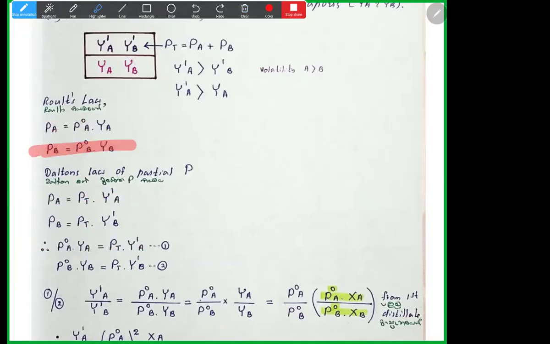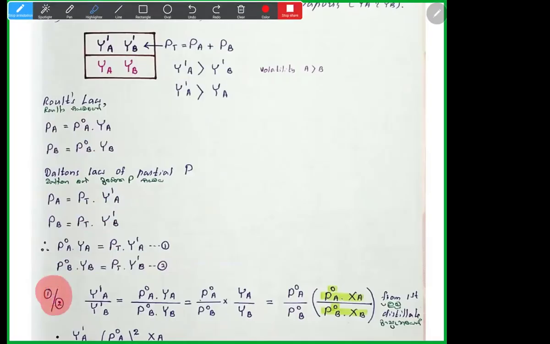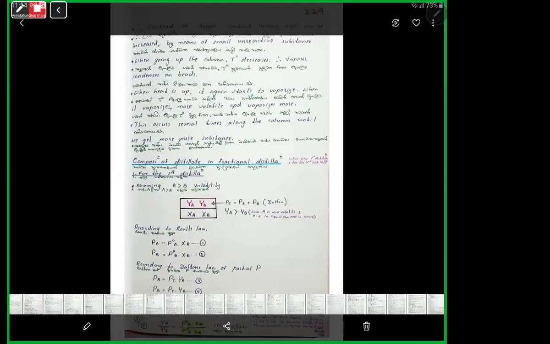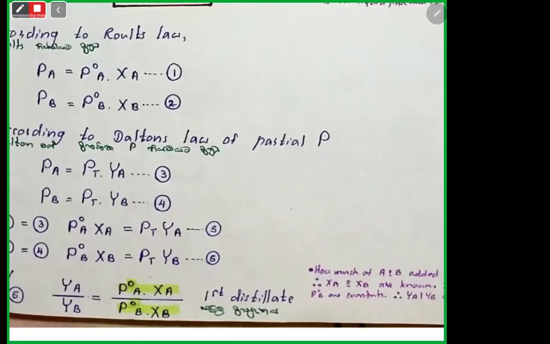Then this PB and this PB are the same. So I can equalize them. Then I divide 1 by 1. I come here. Then YA prime divided by YB prime equals P naught A over P naught B, this part, multiplied by YA divided by YB. But YA divided by YB equals this.